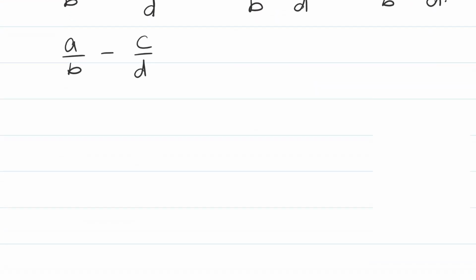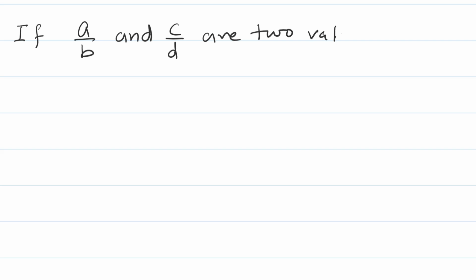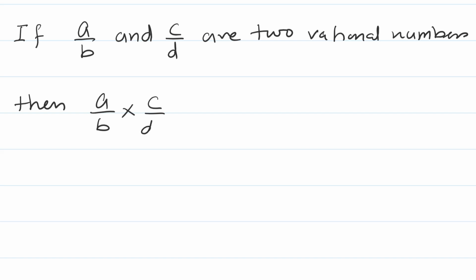So closure property of product of two rational numbers: if A upon B and C upon D are two rational numbers, then A upon B into C upon D is also rational.